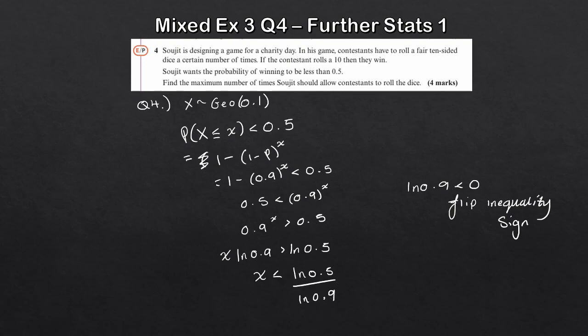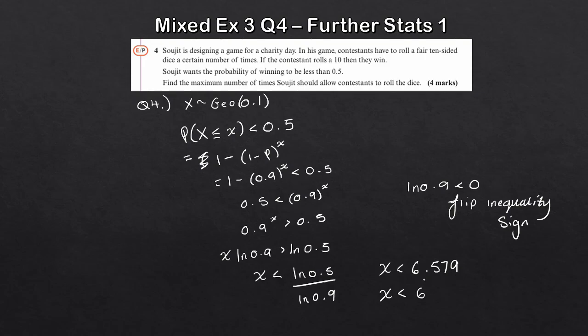Well, put this on your calculator, what you'll get is that x must be less than 6.579, but we can't say it has to be less than 6.579 times of rolling the dice. We clearly need this to be an integer value, so the next smallest value past this 6.579 will be just the next lowest integer, which will just be 6. So x must be less than 6.